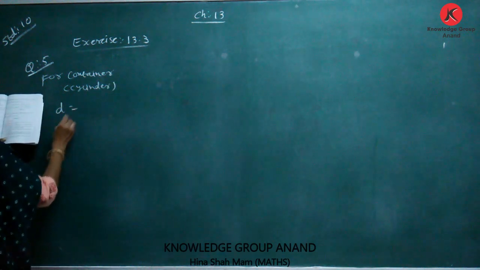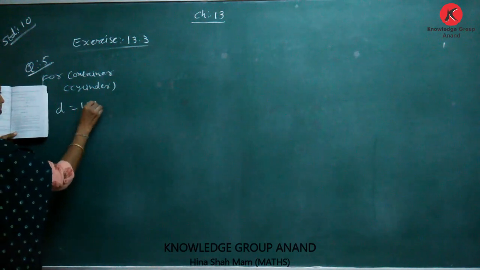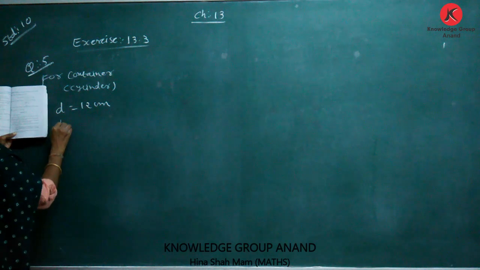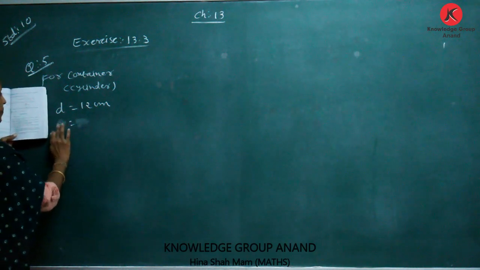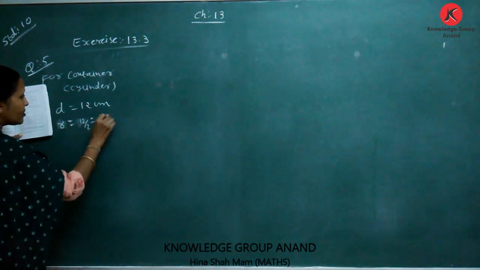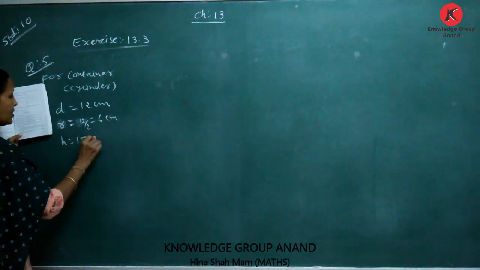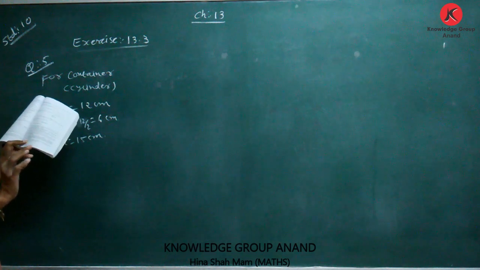Diameter is 12 cm and height 15 cm. Here diameter is 12, therefore radius is 12 by 2, which is 6 cm, and height is 15 cm. It is full of ice cream.